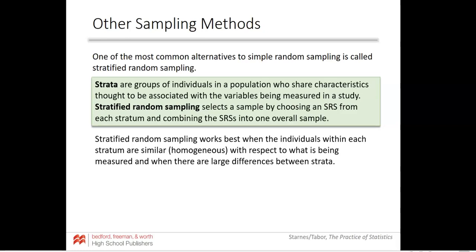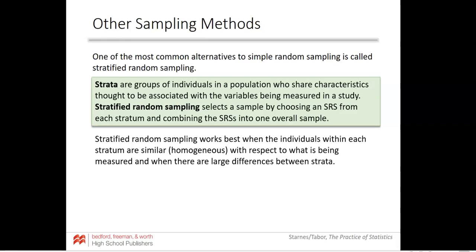Or it could be by grade level, right? So you're putting 9th graders together, 10th graders together, 11th graders together, 12th graders together, by homogeneous group. They all share the same grade. And then within each grade, you are doing a simple random sample. So you're still doing a simple random sample, but you're grouping them first.